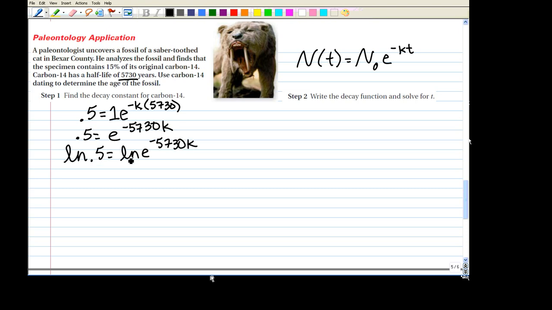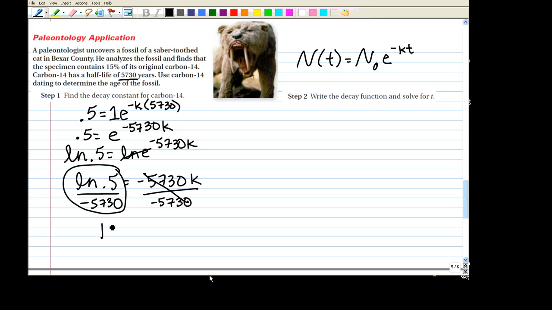As we just talked about, ln and e cancel, basically, and you're left with that exponent. So we have ln of 0.5 equals negative 5730 k. To get k by itself, we'll divide both sides by that negative 5730. Then we can plug this into a calculator, and you'll end up that the decay constant is about 0.00012.